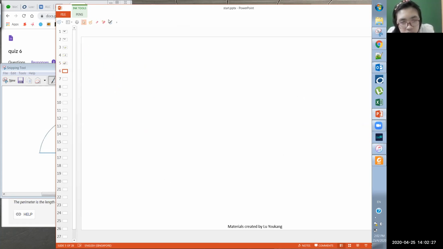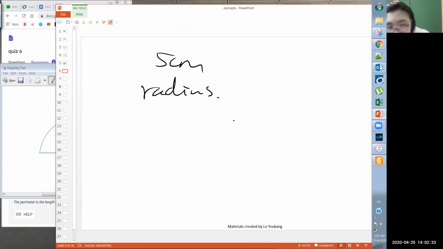You write radius, and then on top you write 5 cm. What does this mean? That's a radius, I see. Correct.